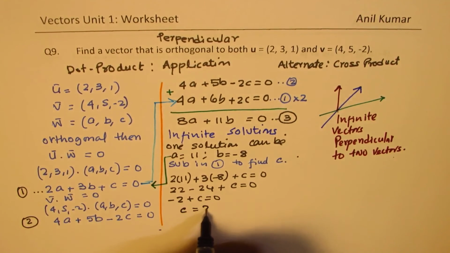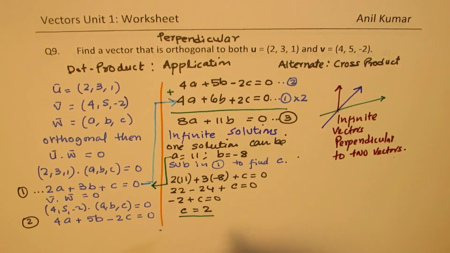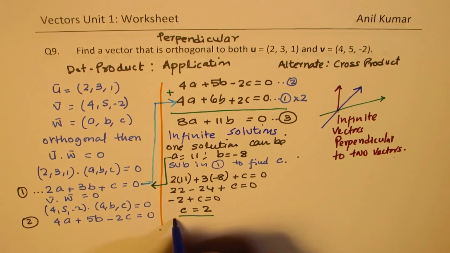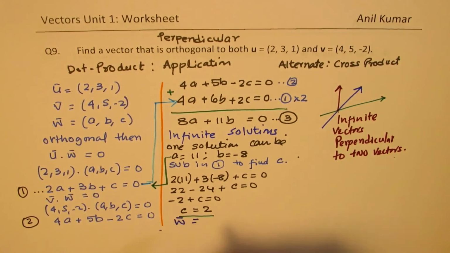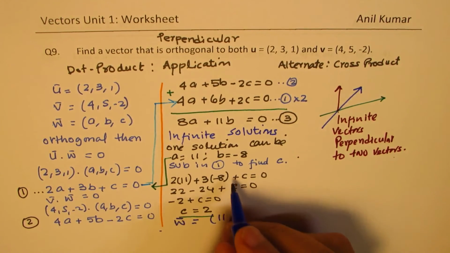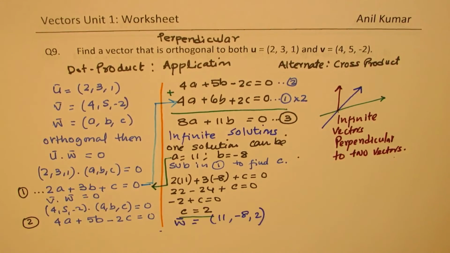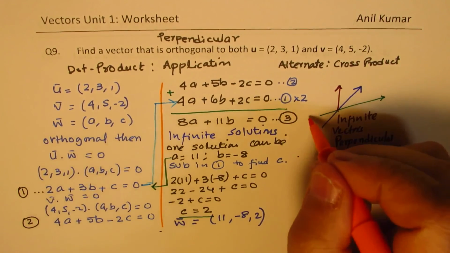And that means c is equal to 2. So if we get the value of c as 2, then clearly we know what w is. So we can say that the vector w is basically equal to a is 11, b is minus 8 and c is 2. Is that clear to you? So we do get our vector.